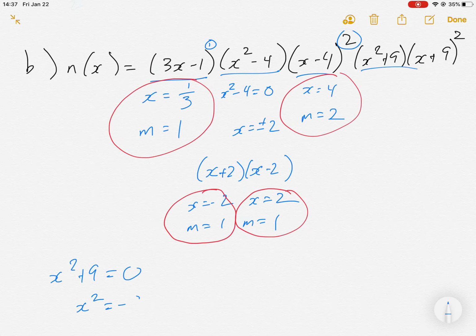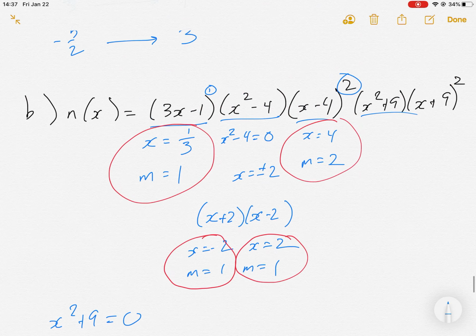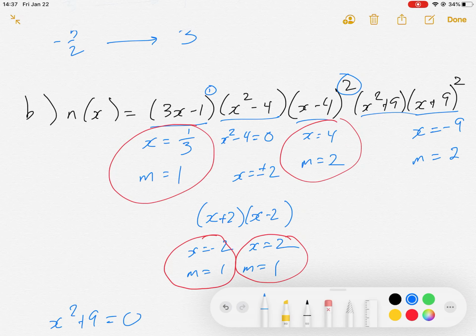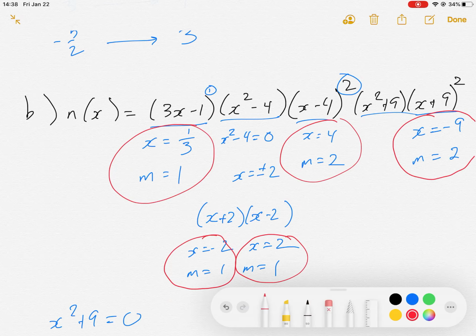If you solve this, you end up with imaginary numbers, and we're only graphing real, so really this is no zero at all. So this factor doesn't actually add any zeros, and I don't have to worry about multiplicity because there are no zeros. Whereas the next one, (x + 9)², does give me a zero, x equals -9, and it has a multiplicity of 2 shown by its exponent.